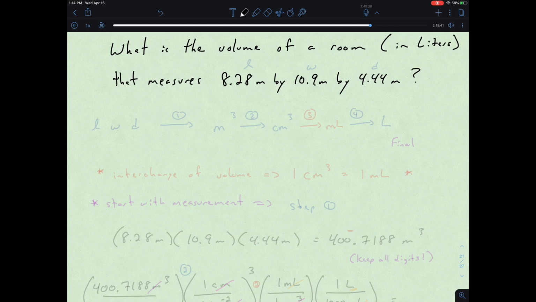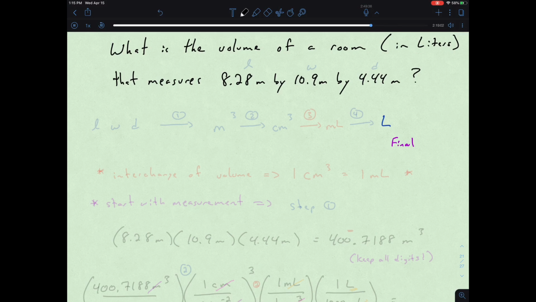So if we look at again our method, all right, we're looking to get to liters as our final objective here, and we are starting with measurements, right?